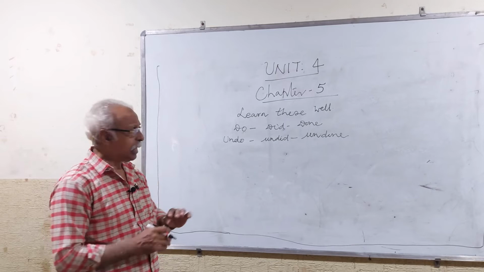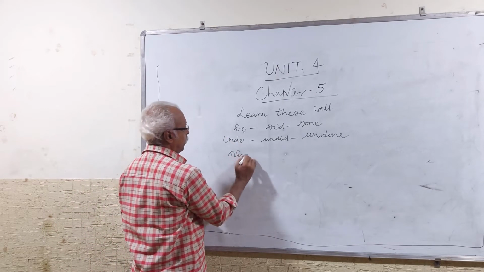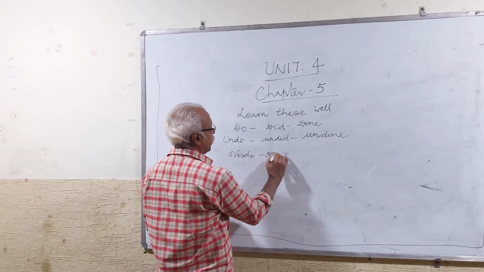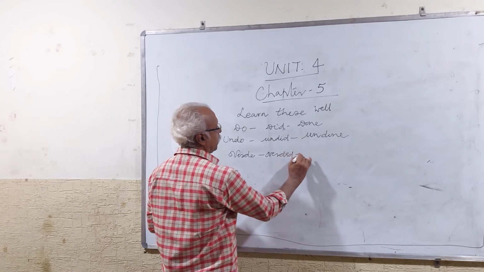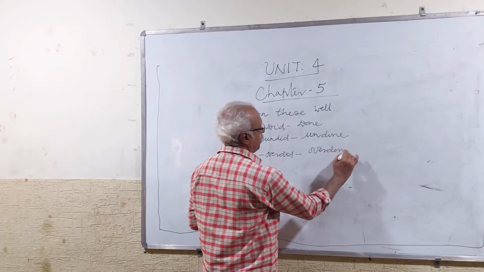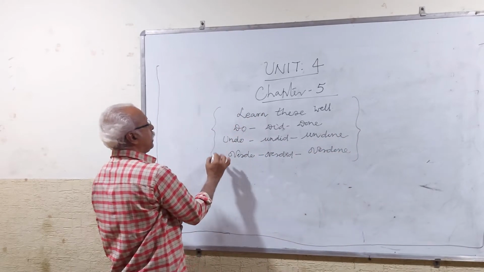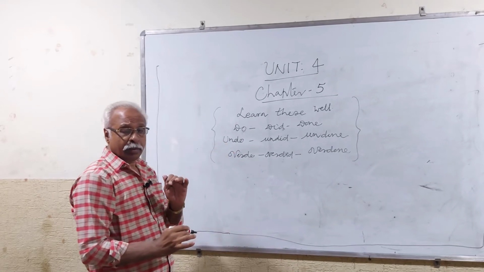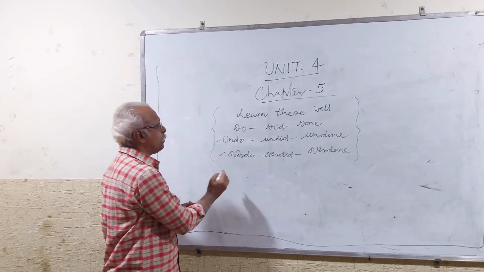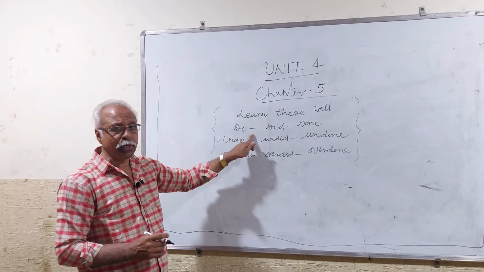Right? Next, sometimes overdo also. Do plus over: overdo, overdid, and overdone. Actually, I want you to learn this undo and overdo, so I have written this. Do, did, done, you know it very well.